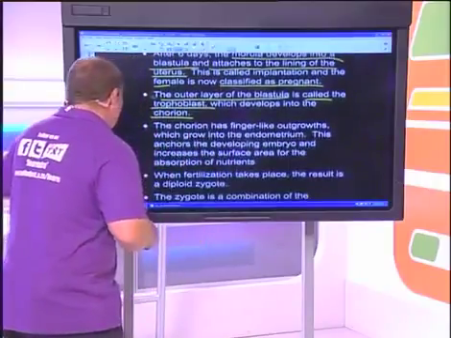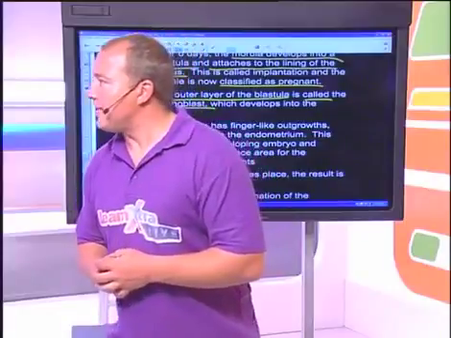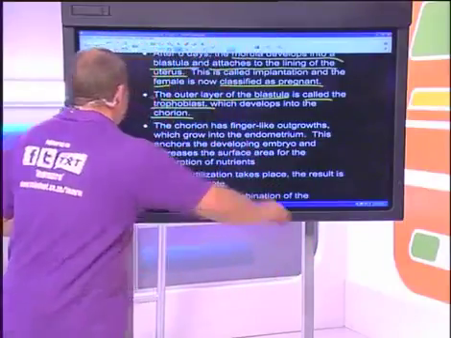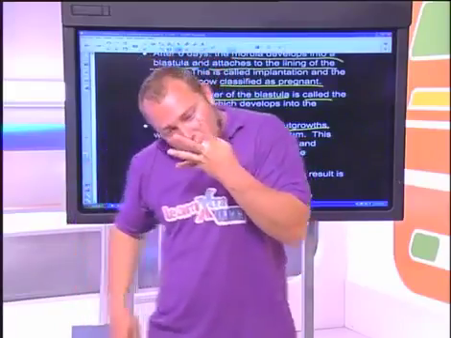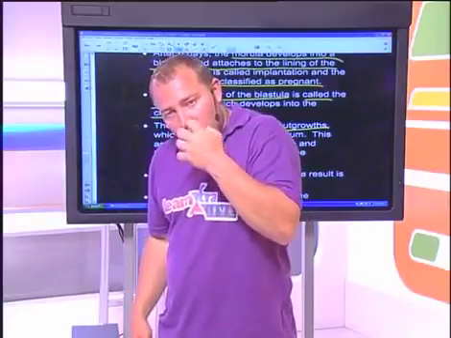So, let's have a look. The chorion is very important. NB, in capital letters. The reason it's very important is that the chorion has finger-like outgrowths. Look at the difference, that or that.